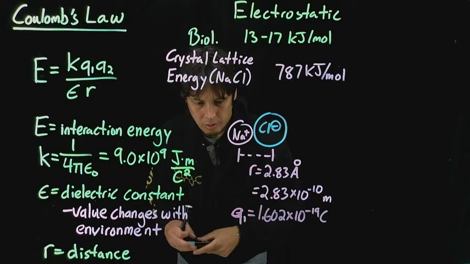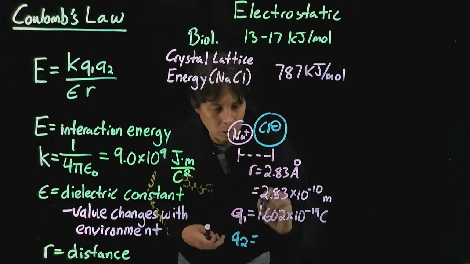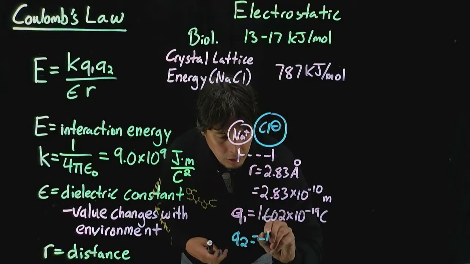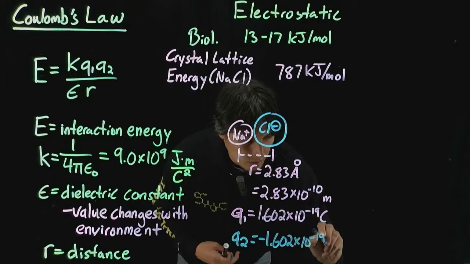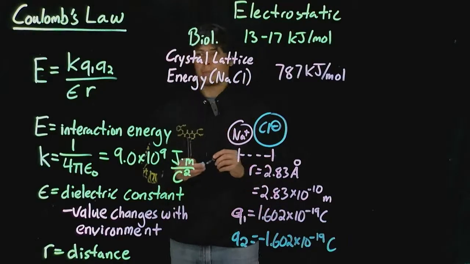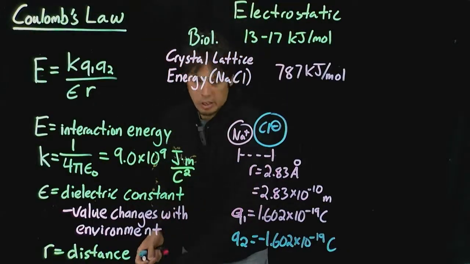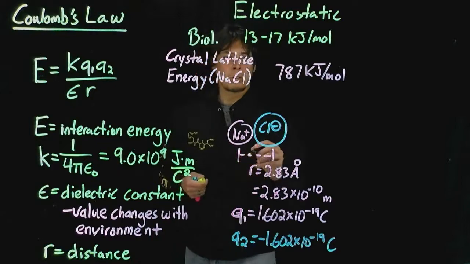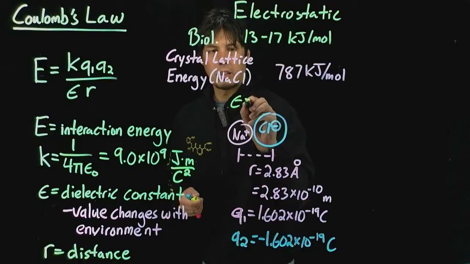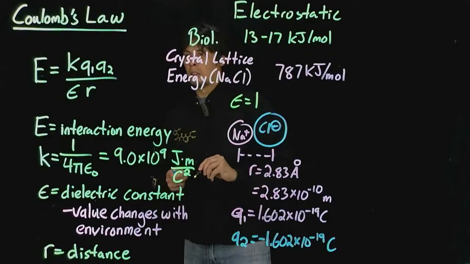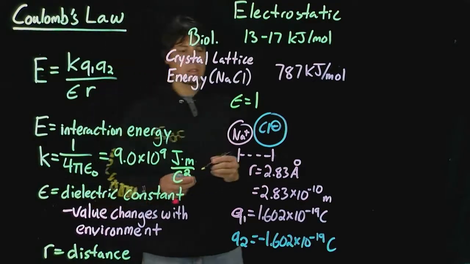Q2, the chloride anion, equals negative 1.602 times 10 to the negative 19th coulombs, okay? And in this system, for the crystal, we're going to set the dielectric as 1. All right, and then are we missing anything? We have the radius, dielectric, charges, and constants, okay?